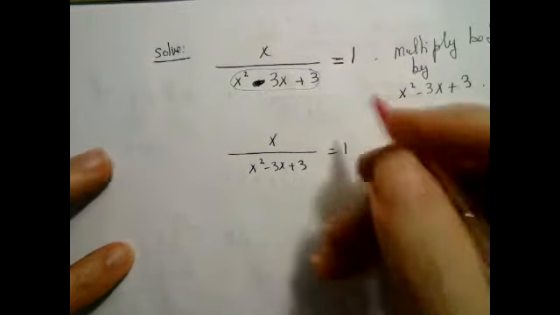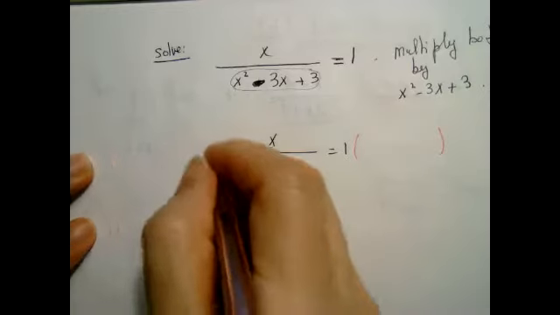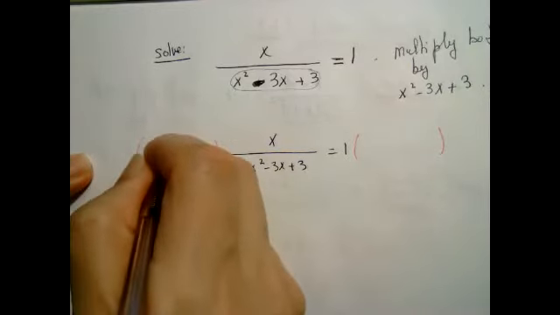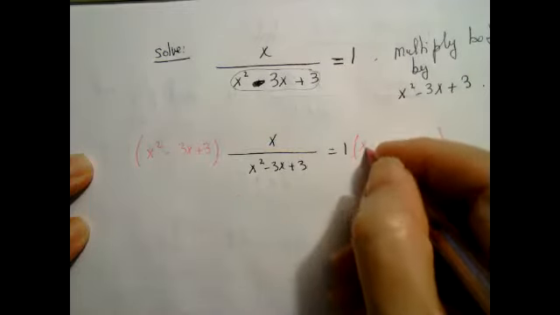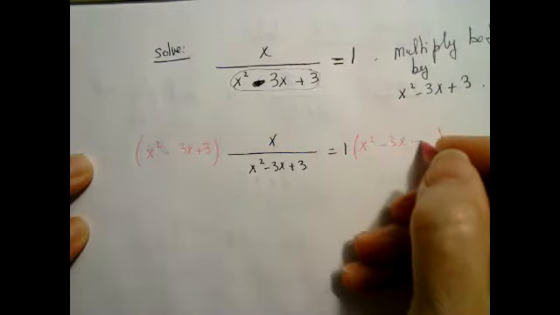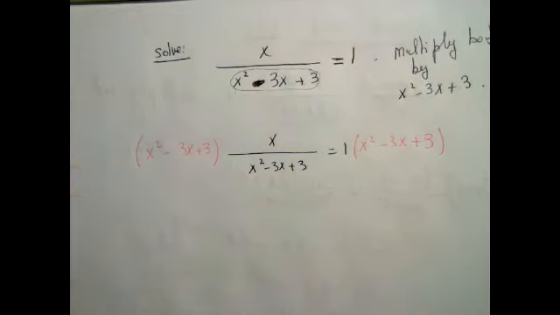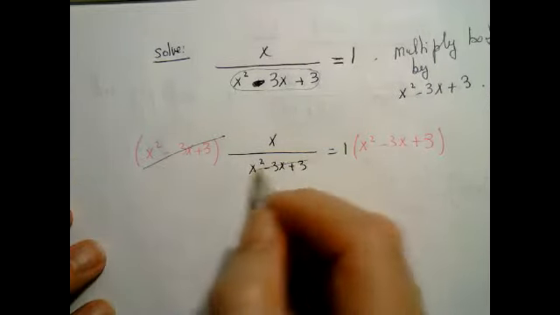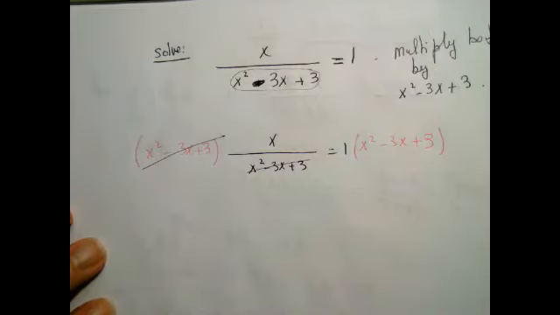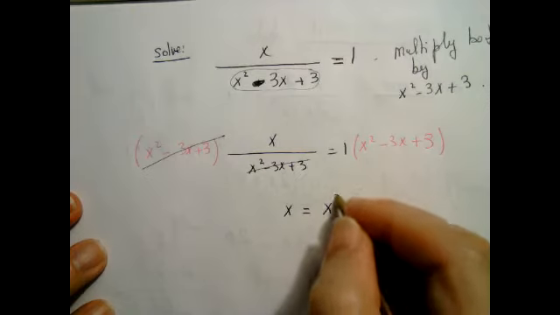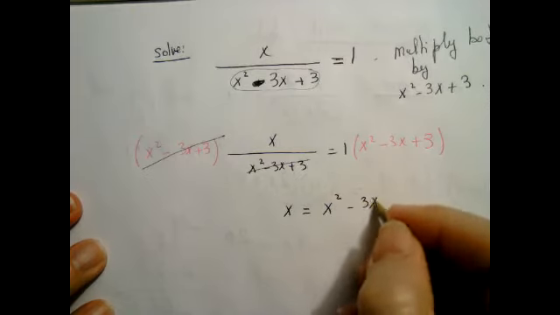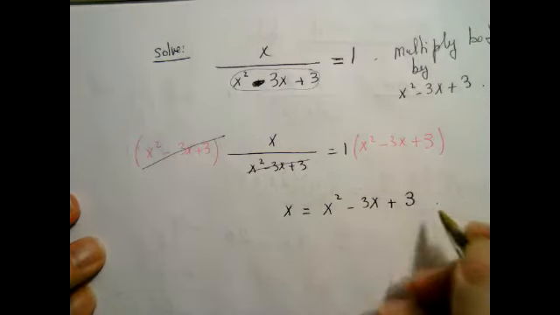I'm going to multiply this side and this side by this. Now the benefit of doing this, of course, is that this goes. And then I will have x equal x squared minus 3x plus 3.